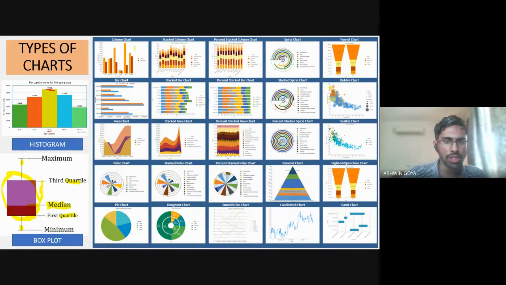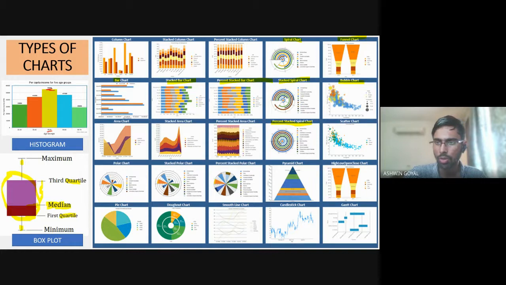Then we have other charts. We have column chart, stacked column chart, percent stacked column chart, and similarly the bar charts, the horizontal version of these above three charts: stacked bar, percent stacked bar. Then we have a spiral chart, stacked spiral chart, or percent stacked spiral chart. Then we have funnel charts, right?